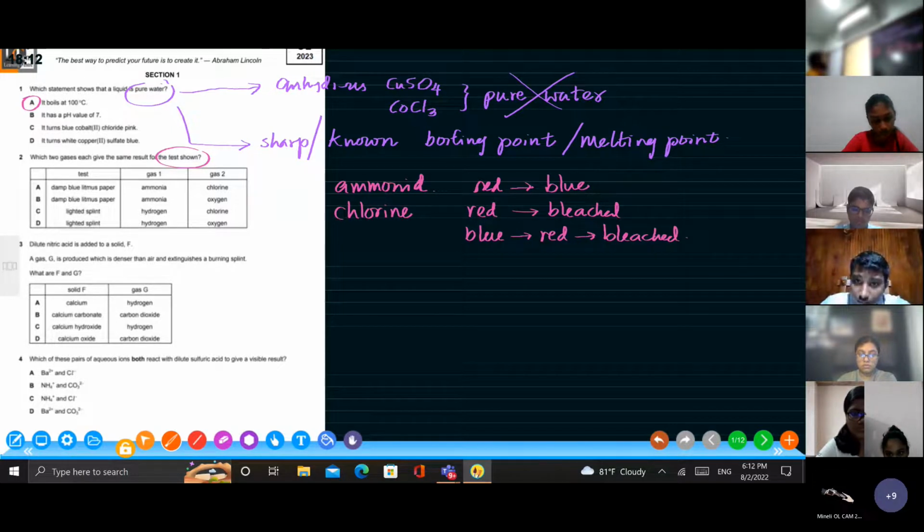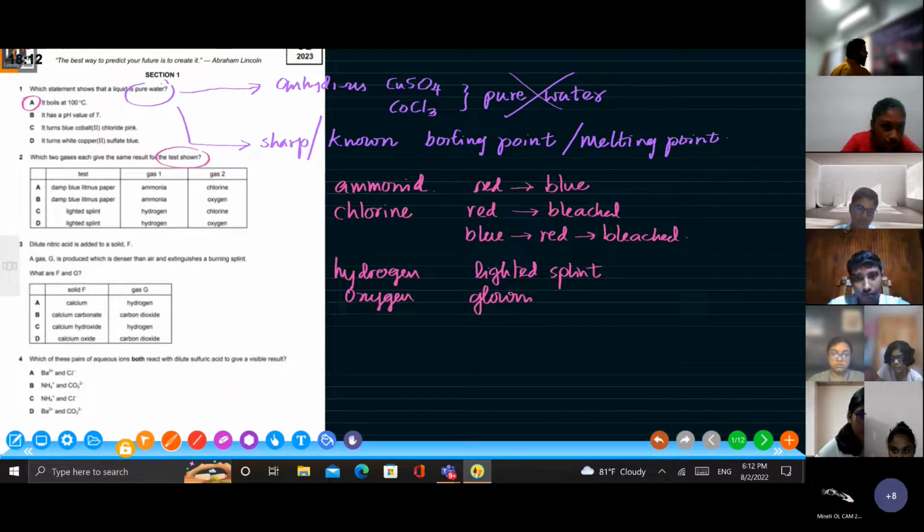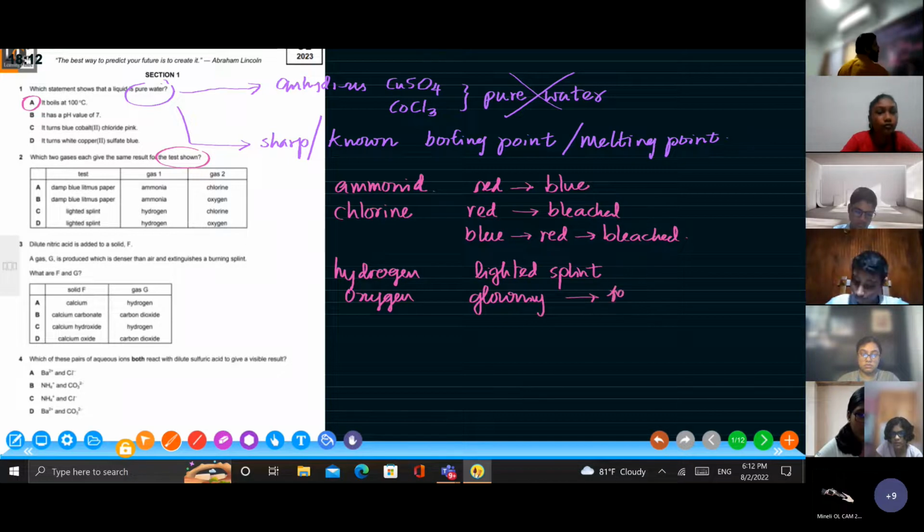And hydrogen, with a lighted splint, pops. Oxygen, with a glowing splint, will be relighted.